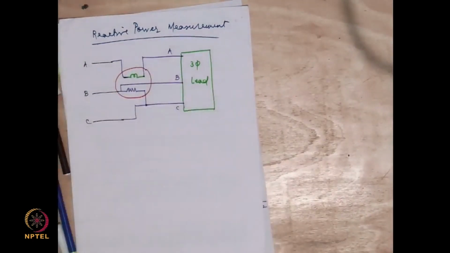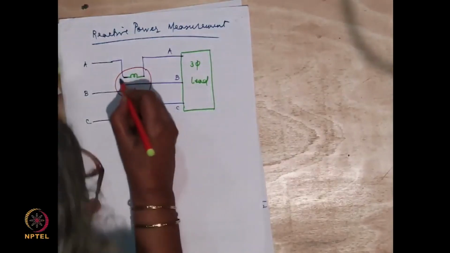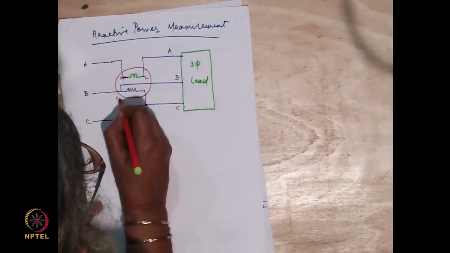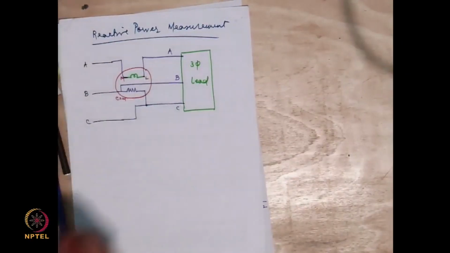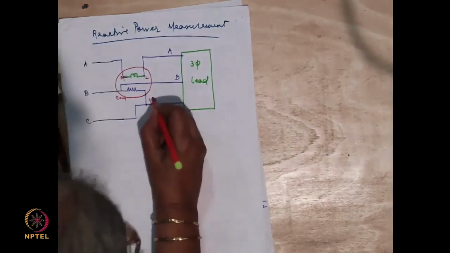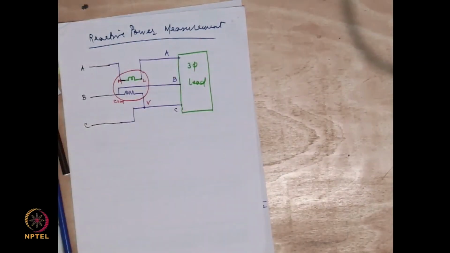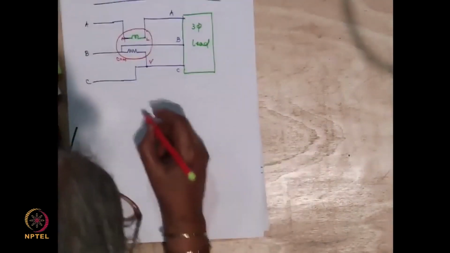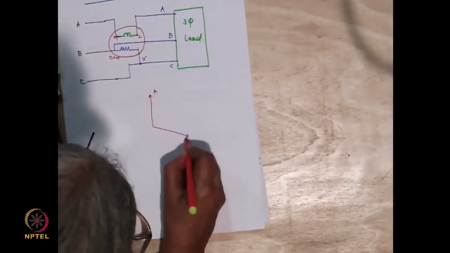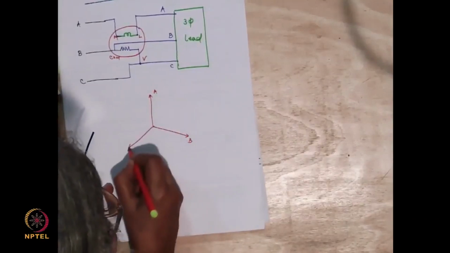This is my wattmeter. So I'm showing this as M, this as L, and this is the common point. It is supposed to be common, but I have not made it common. Please note that. And this is V. Okay? Let us try to see what happens. If I'm having A phase here, B phase here, and C phase here.